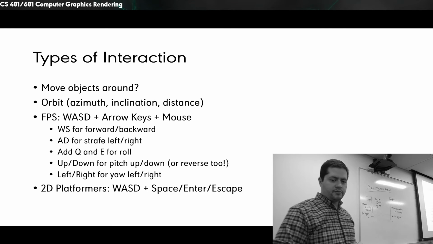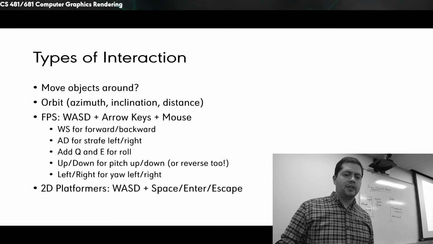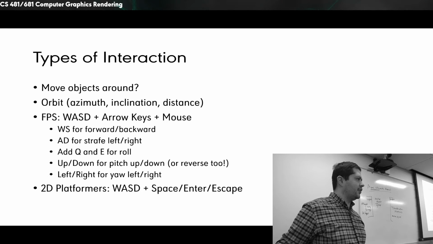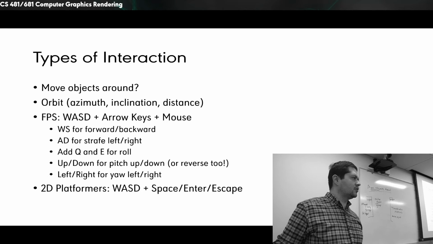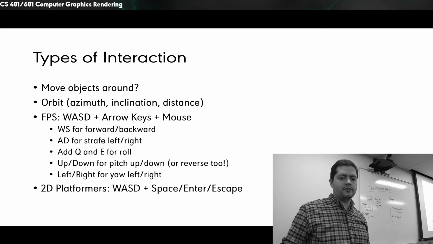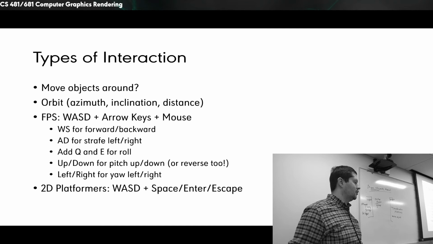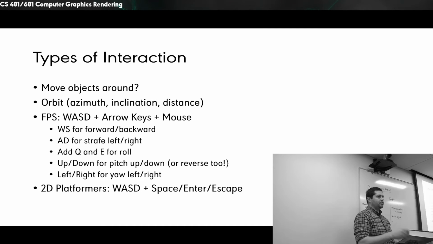So here are a few different kinds that might be interesting. One is an orbit. We have an object. We'd like to look around the object. Now there are two ways of looking around an object. One is just simply change. If it was a ball, then suddenly it's tilted on its side, and you're like, how do I get it back if the north is still pointing straight up and down, and you're trying to manipulate it?